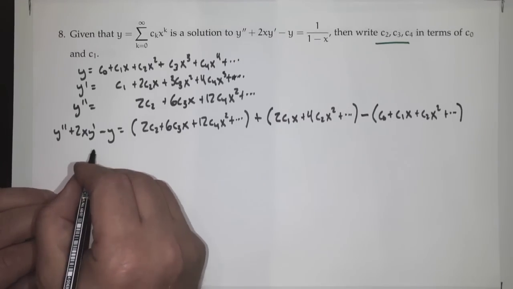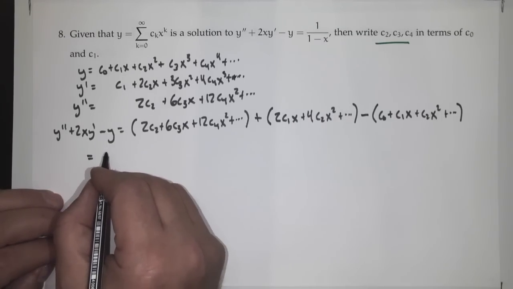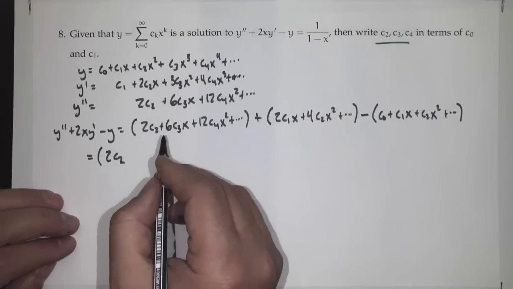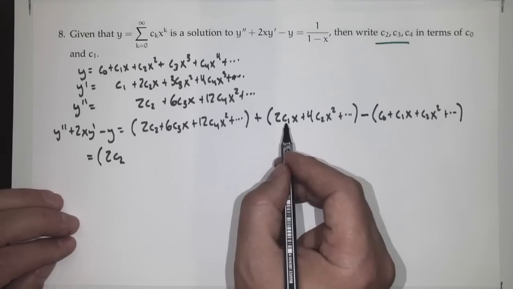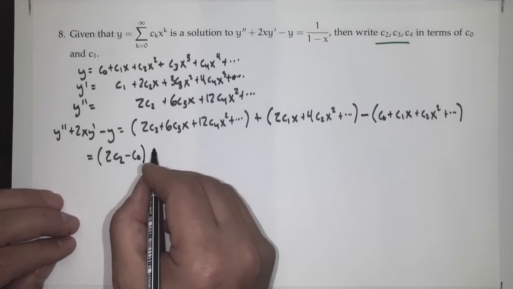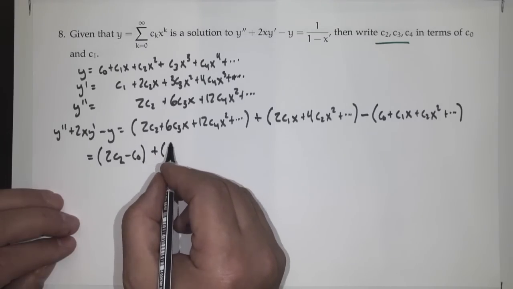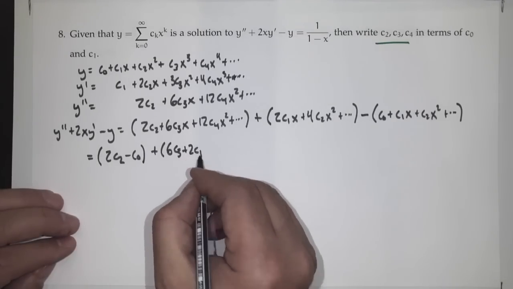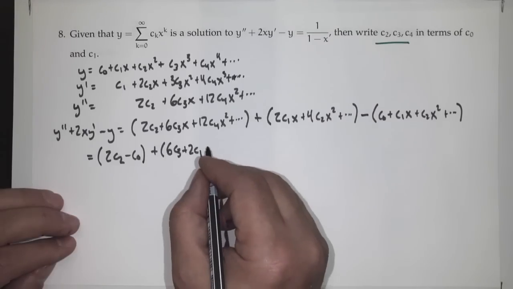Okay, when we gather our constants, we have our 2c2. There's no constant here. Minus c0. We gather our x's. There's a 6c3. There's a 2c1. There's a minus c1.